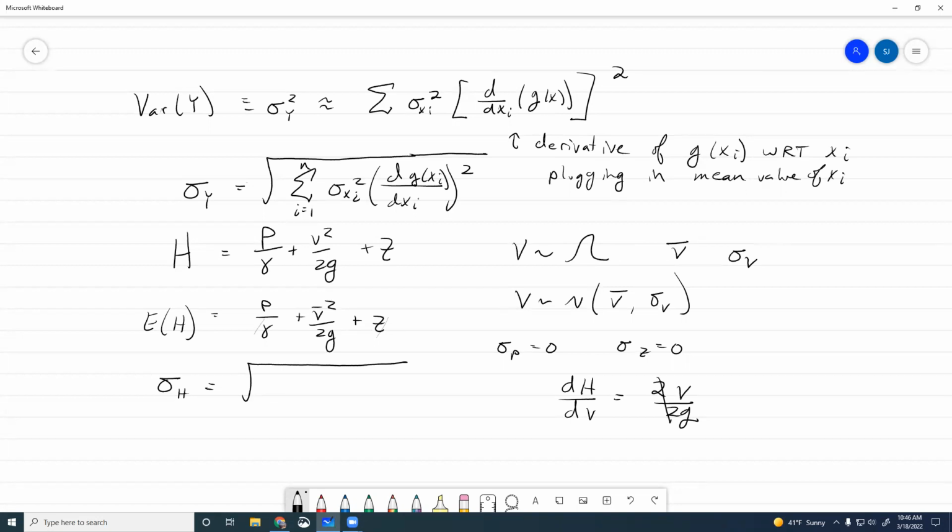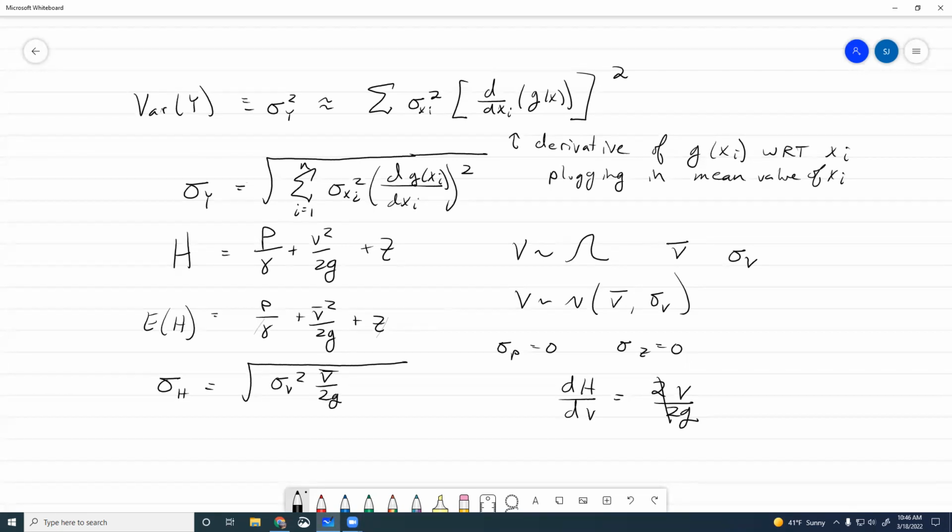So now we just plug in sigma v squared times v over g, and then we put in a mean value for that. What's that? Yeah, it worked out nicely.